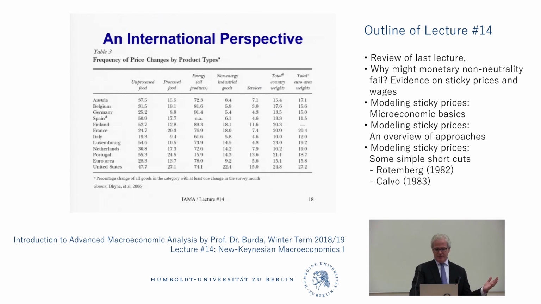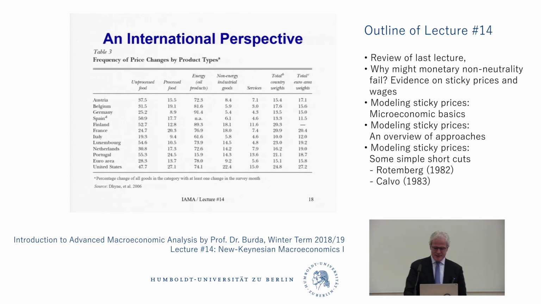Okay, so if you add those up and use different weights, you can use the country weights or the euro area weights, you get actually remarkably similar numbers. So you could get the impression that maybe what's going on is that some countries have a very high share of unprocessed food that they're producing possibly at the wholesale level and selling, or maybe the role of energy is different across countries, or the role of services, which is very important.